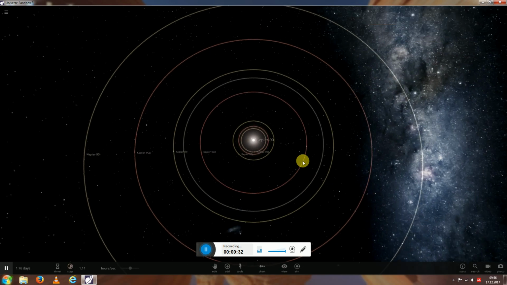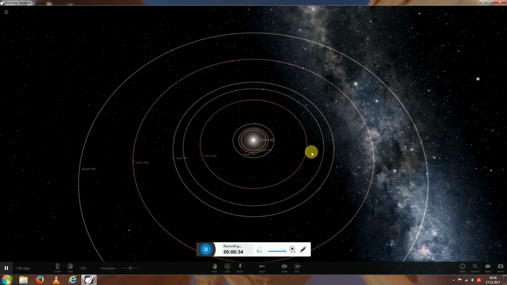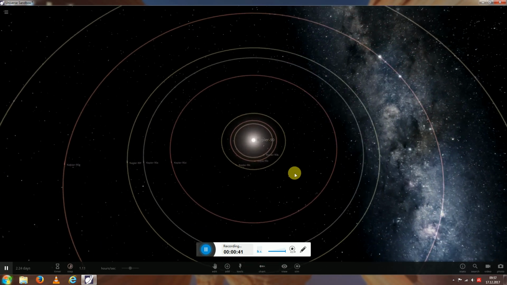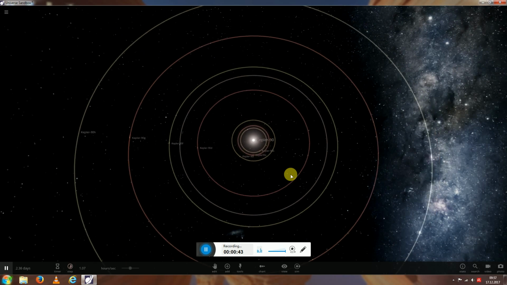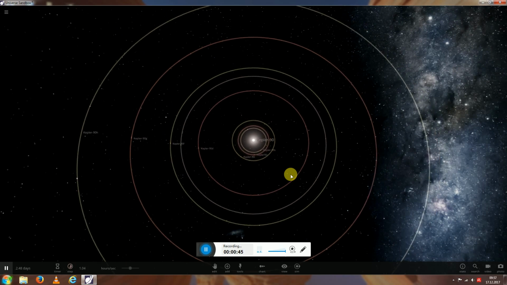And they discovered a new planet around this system, which makes this the second 8-planet solar system besides our own.